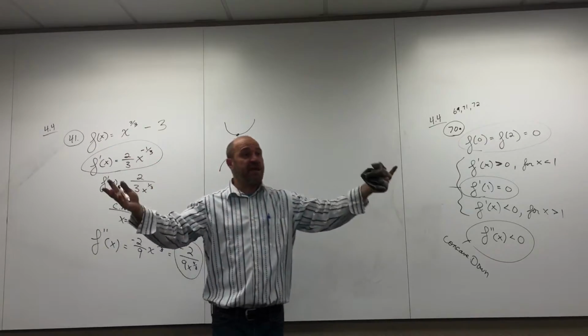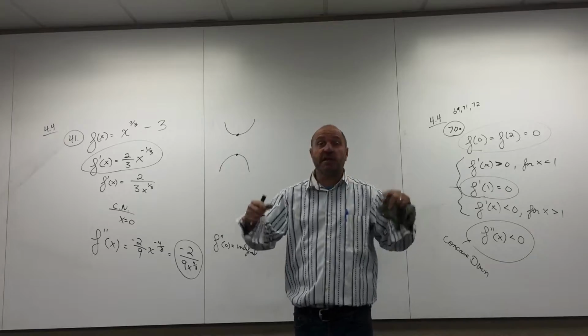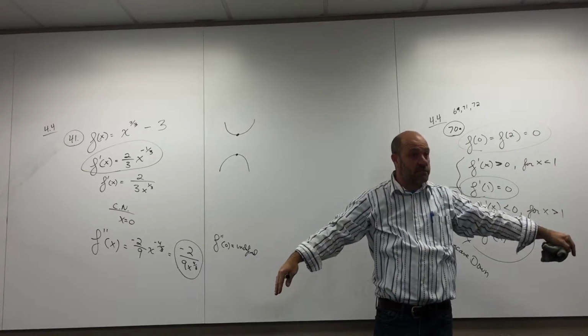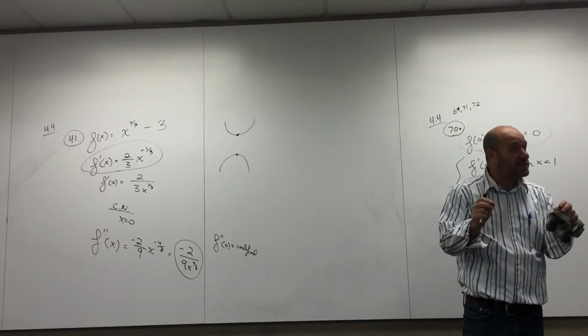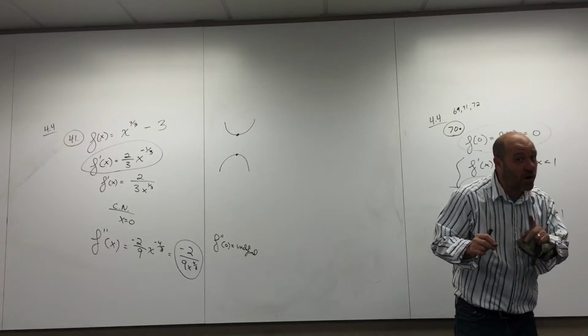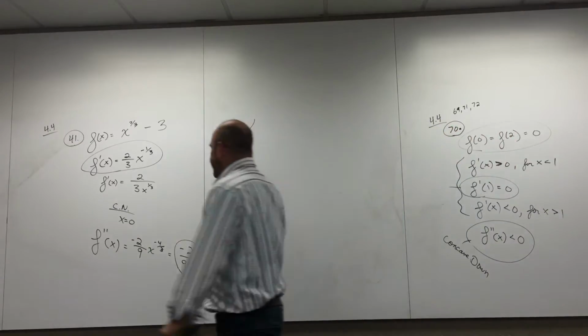What's the difference between the second derivative test and the concavity test? The concavity test is testing the function to see if it's concave up or concave down. The second derivative test is testing your critical numbers to see if they're mins or maxes, which I already have a test for called the first derivative test. But the second derivative test also does that in a different way.